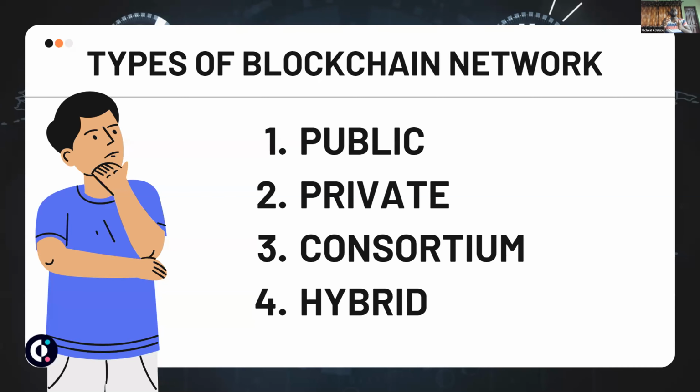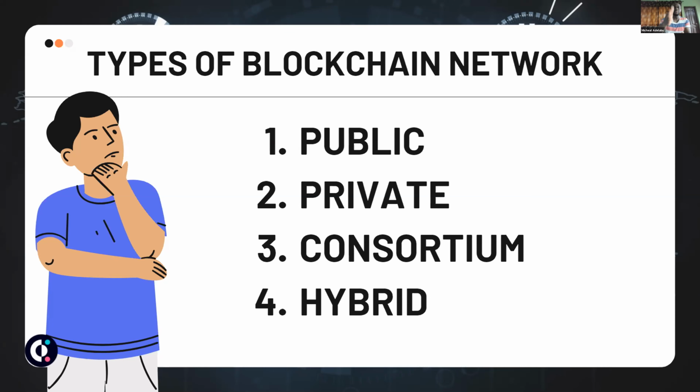While the consortium also has a similar aspect, the consortium is more of a larger company than the private, coming together to have a private and a public set of blockchain, and it's open to a particular level, unlike the public chain.